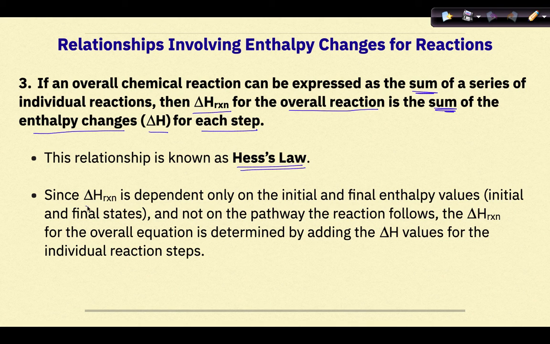Since the delta H of reaction is dependent only on the initial and final enthalpy values and not on the pathway the reaction follows, the delta H of reaction for the overall equation is determined by adding the delta H value for the individual reaction steps. And I know this sounds confusing right now, but don't worry, we're going to do a lot of examples.